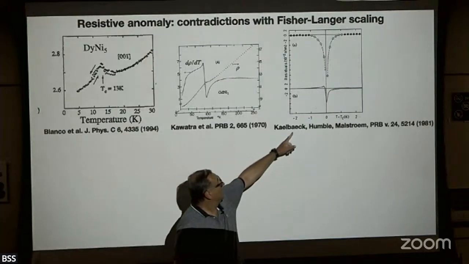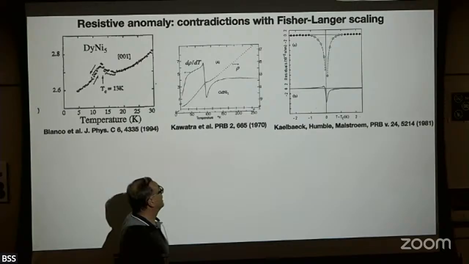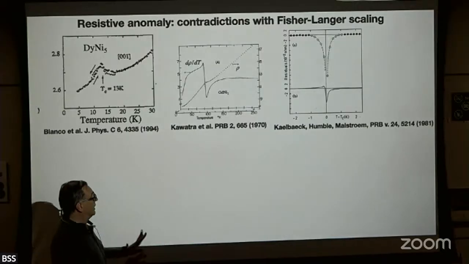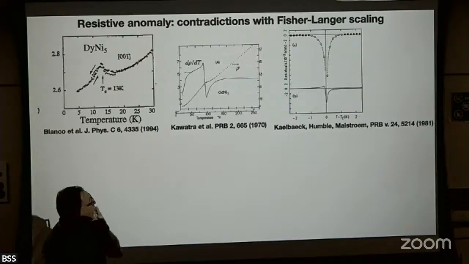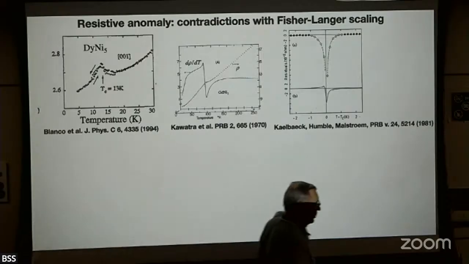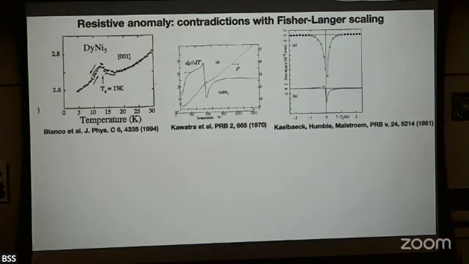This is not a very informative plot, but a very careful analysis of the anomaly in nickel. And what you need to watch for is the deviation of these empty circles from the horizontal line. So when the point is on the line, that means Fisher-Langer works. What is the y-axis?